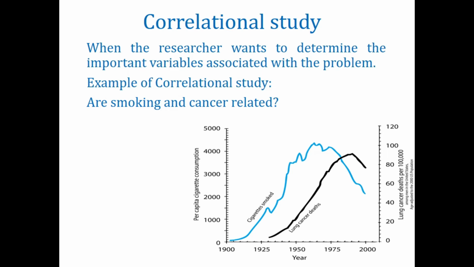Same like that, when the researchers find the most important variables and various variables associated with one problem or more than one problem, that kind of study is called a correlation study, a correlational investigation.